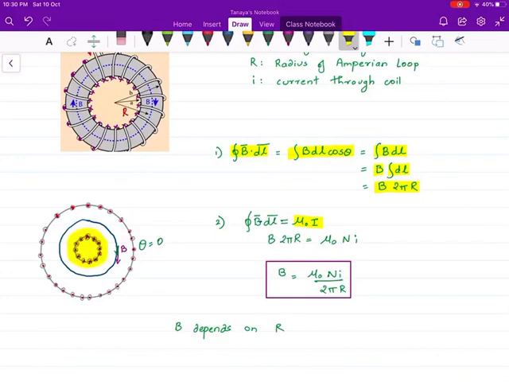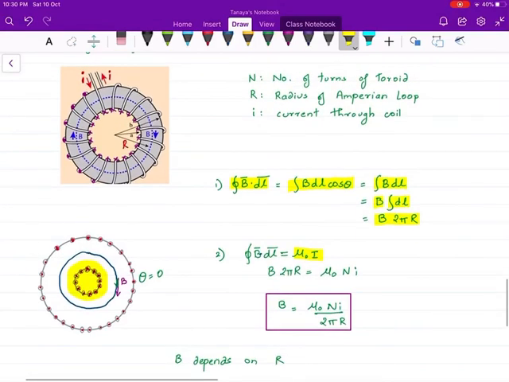If small i is the current flowing through each loop and N is the number of turns, this loop is enclosing all the turns. Now I need not see the number of loops per unit length, because this Amperian loop is enclosing all the turns of the coil.